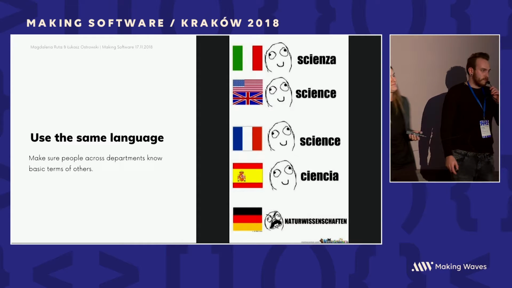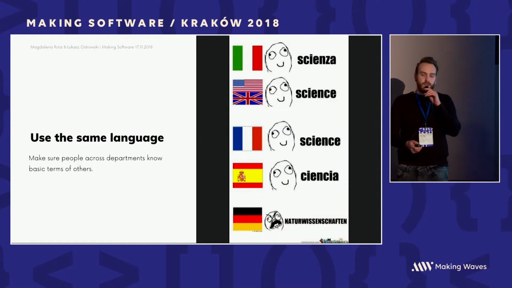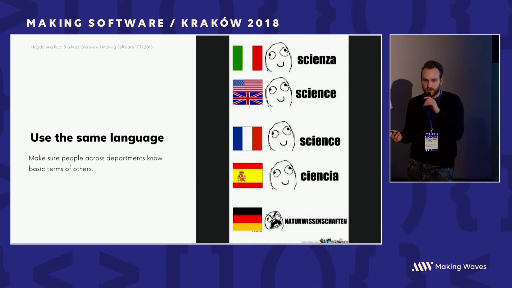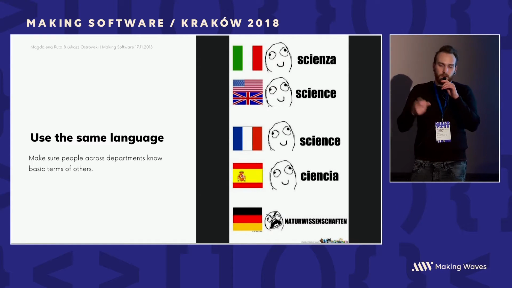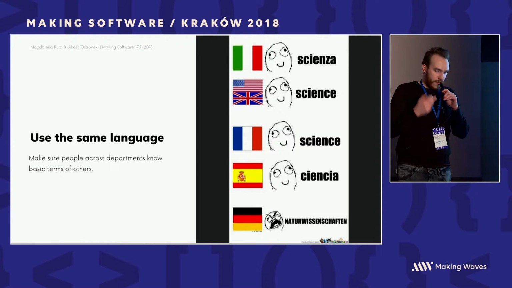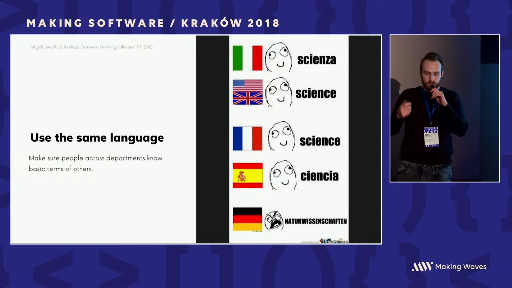Okay, and another point is to speak and use the same language. If you have these workshops about the domain, that's perfectly fine. And then we should extend it with the language we actually need to know, but often it's not defined or documented.